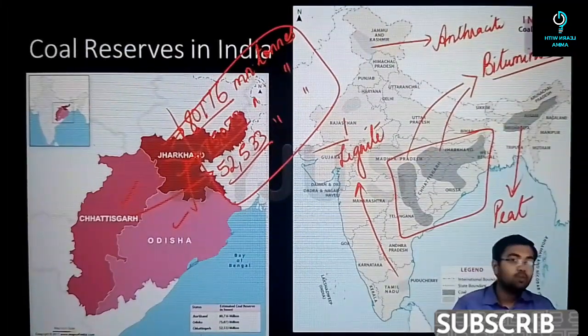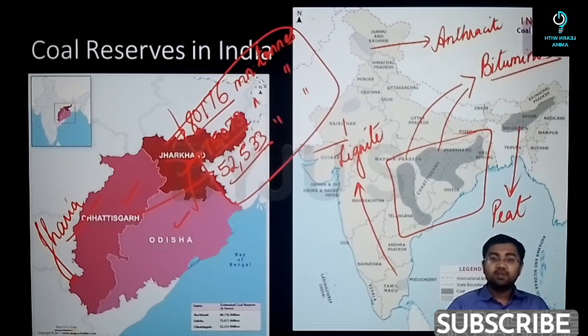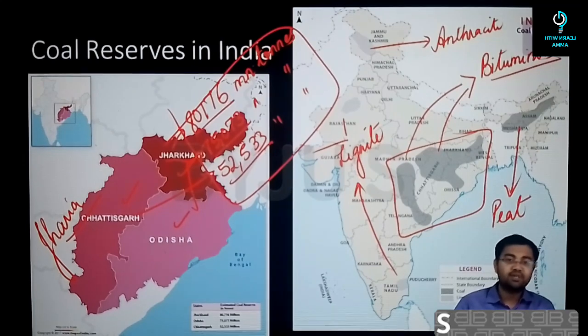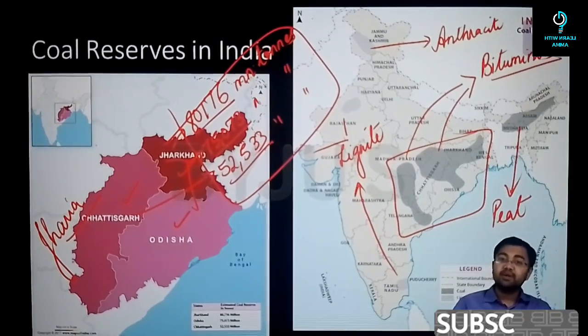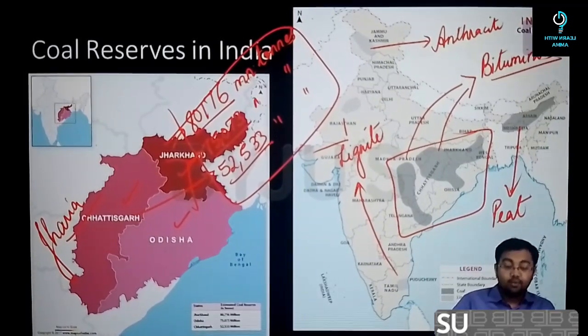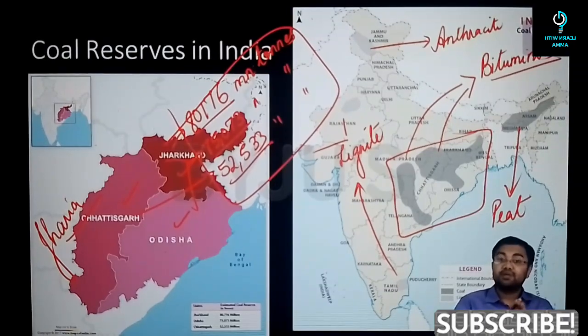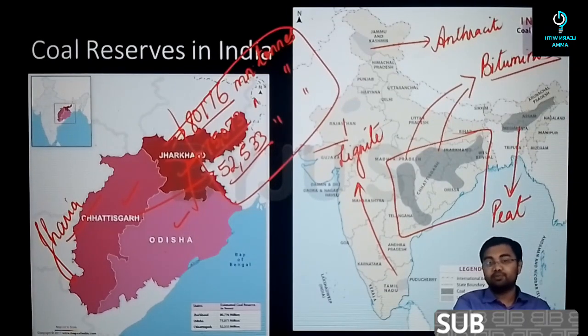But there is a problem that has also been seen in the Jharia coal mines of Jharkhand. The coal there has been burning for more than 100 years. It has been more than 100 years since we detected that there is an underground fire inside the coal mines of the Jharia coal field. There have been rehabilitation programs carried out by the government of India, but the people are not willing enough to move from there.